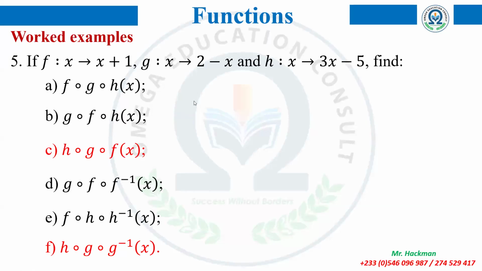We know anytime you are dealing with composite function, we are supposed to determine our inner function and our outer function, so that we know the function that is going to be fed and the function that we are going to use to feed. Because we said it is your inner function that you feed with the outer function.